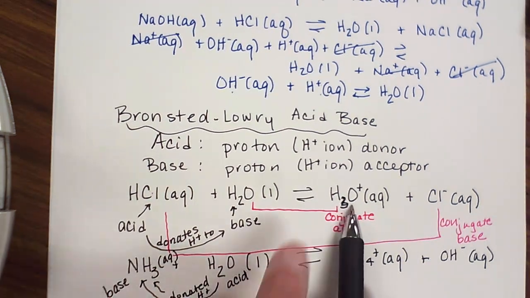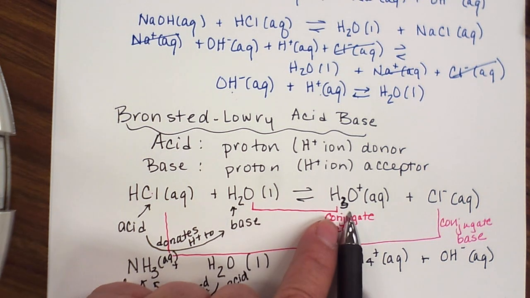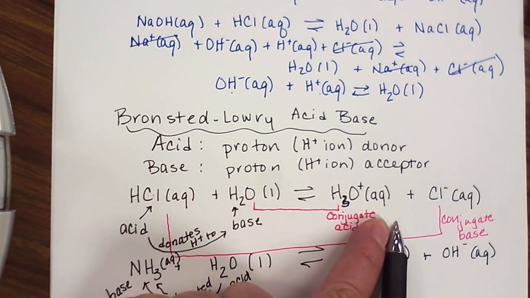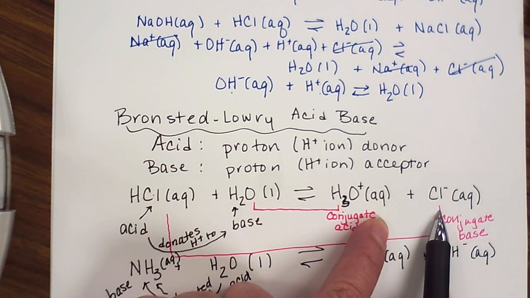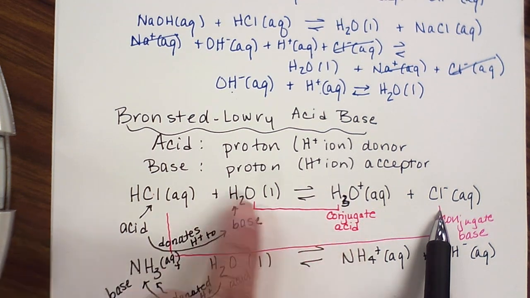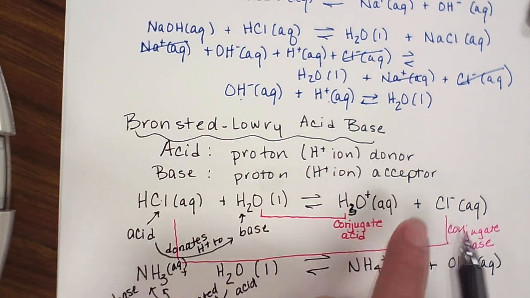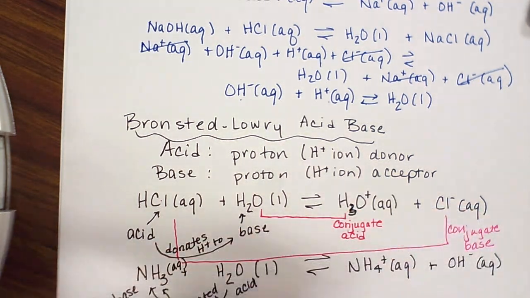And so here we are, we're sitting over here, we have hydrogen ions floating around, and we have chloride ions floating around. Why don't they connect back together? Why is this such a weak base that it doesn't accept the protons? Remember, a base is a proton acceptor. Why doesn't it accept a proton and drive back in the other direction?